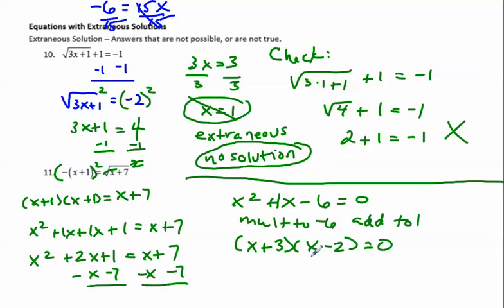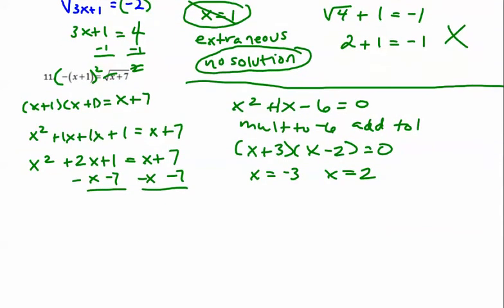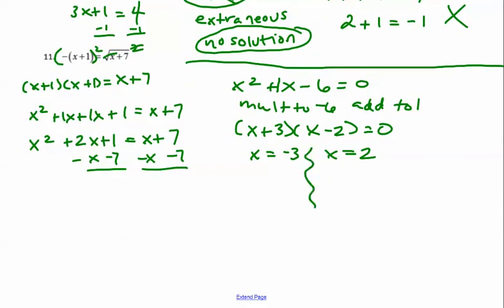Set your factors equal to 0. I get x equals negative 3 and x equals positive 2. Now we need to check both of these solutions. So I'm going to check them here. First one, negative 3 plus 1 equals square root, negative 3 plus 7.